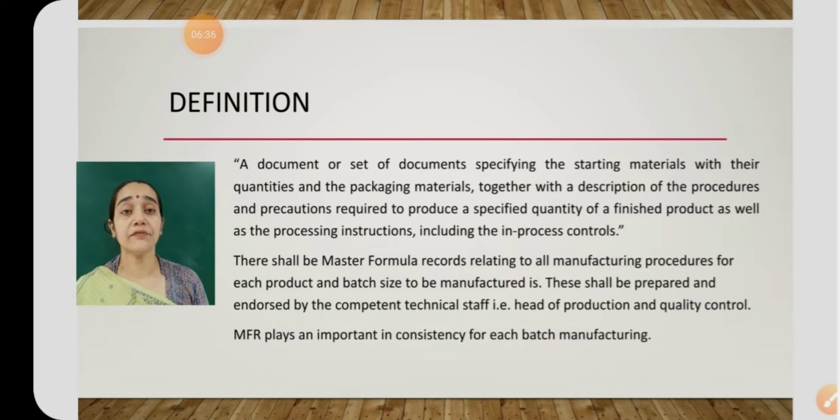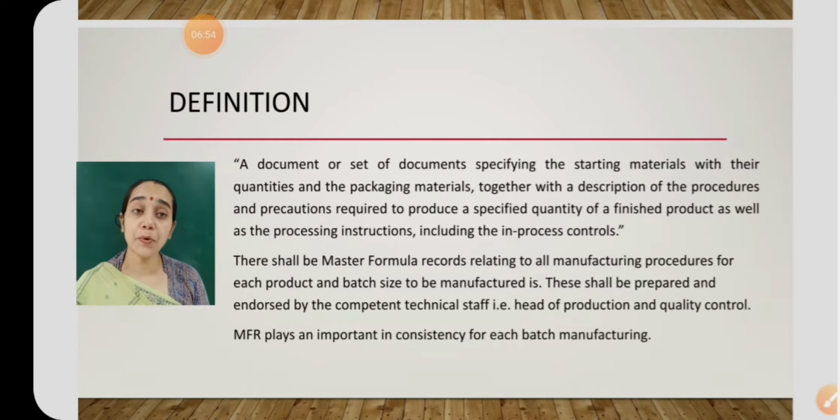Now all this information is documented in one document. It is a record which contains all the processing information along with the processing instructions, as well as all the in-process control methods, how these products should be evaluated.